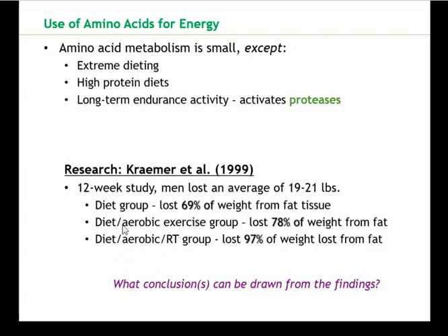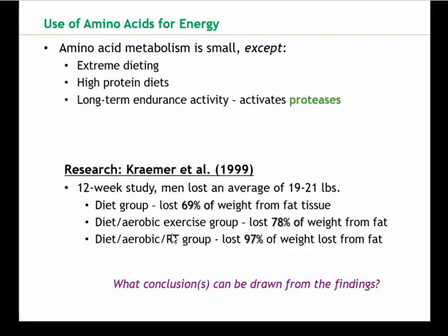This part here is the most important. RT is resistance training. So if you do some dieting, aerobic exercise, and resistance training, 97% of the weight you lose is fat, meaning only 3% of the weight you lost was from your muscle tissue, because the resistance training helped maintain your muscle while you were dieting. So that's why it's important to resistance train and lift weights when you're trying to lose weight, because that helps you maintain your muscle.